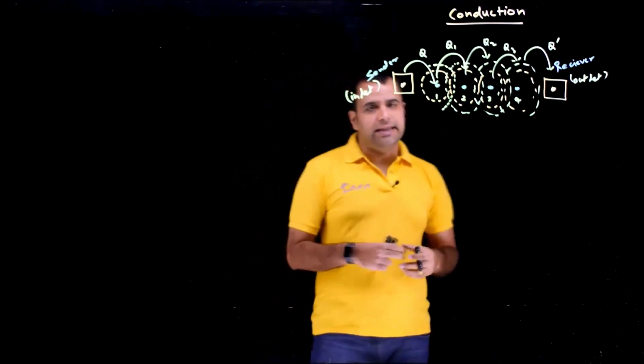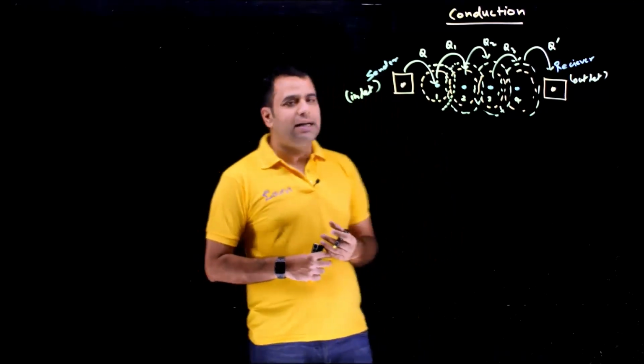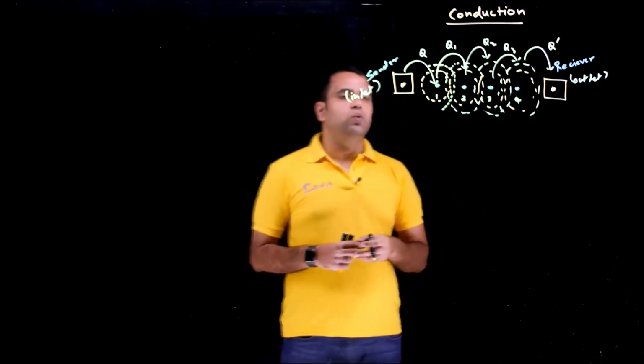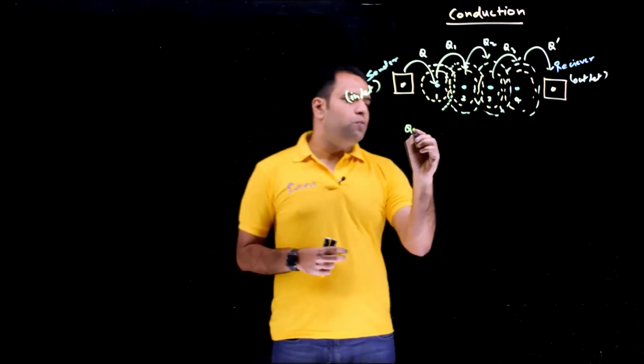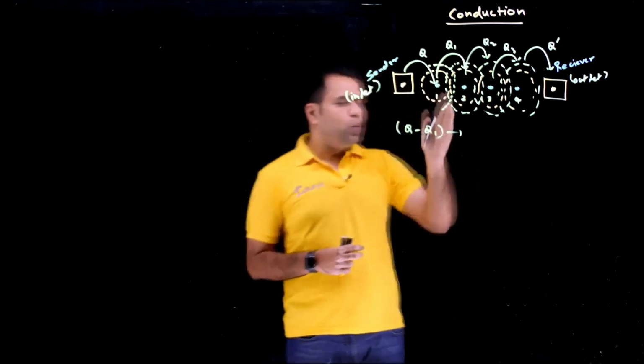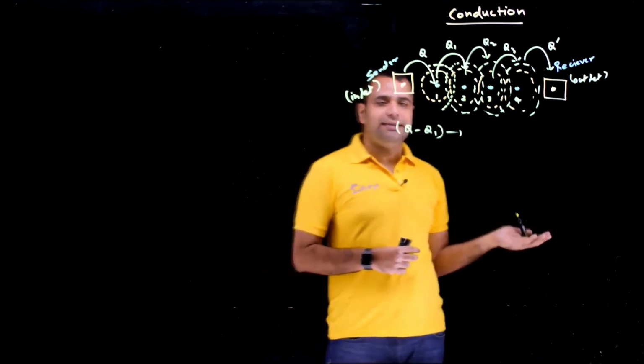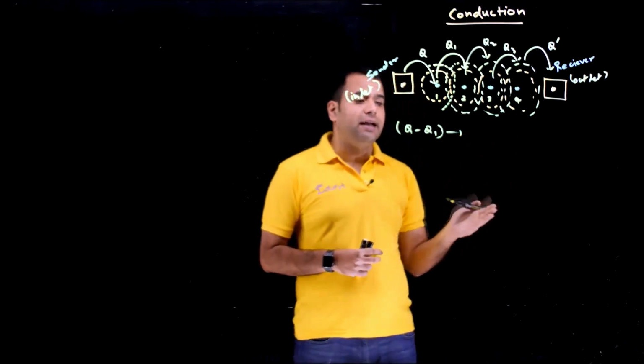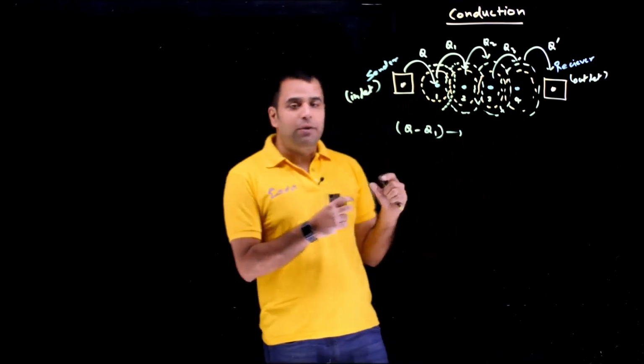Now, if you can see here, particle 1 is getting the Q heat. It is sending the Q1 heat. So this Q minus Q1 heat, where is this heat going? And similarly for 2, Q1 it is getting and Q2 it is sending. So Q1 minus Q2 for the second, where is that amount of heat going?